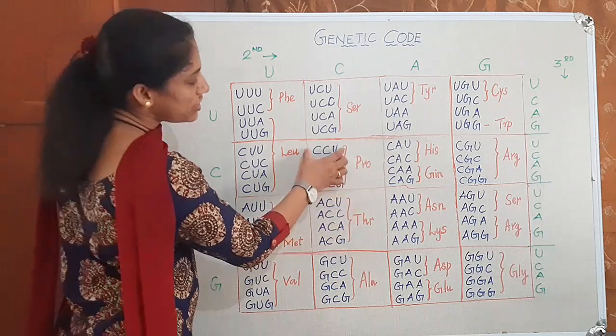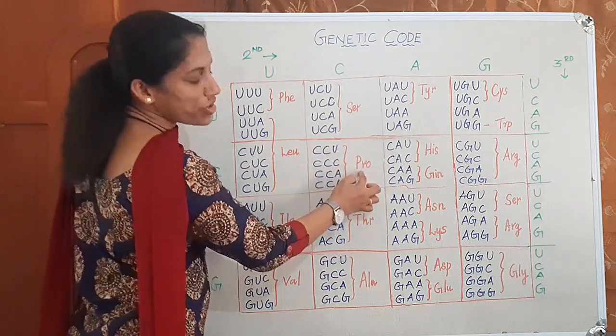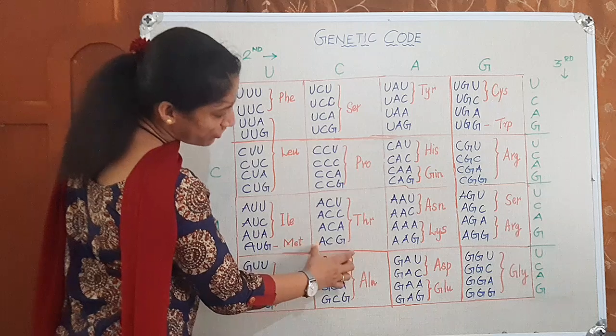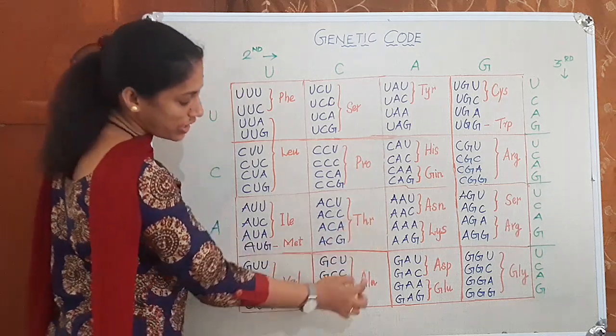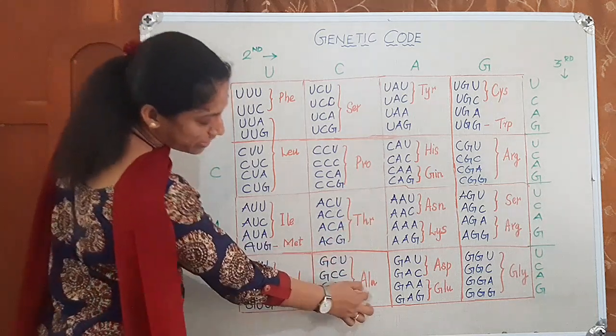Then these 4 triplets are for proline, and these 4 for threonine. The next 4, alanine.